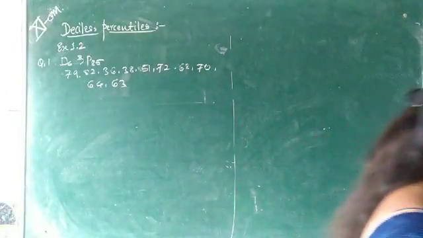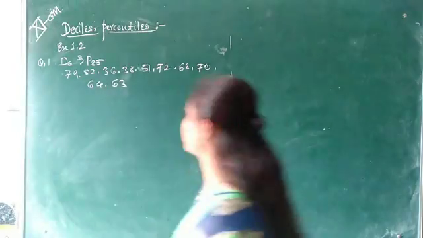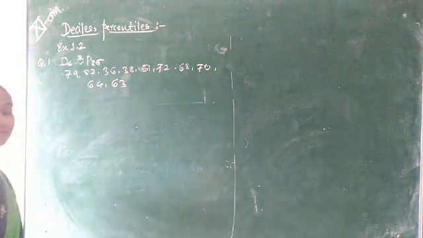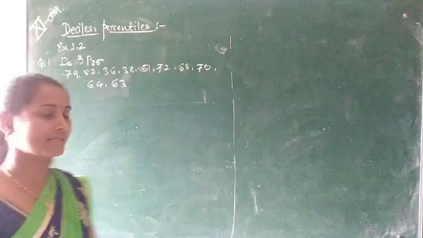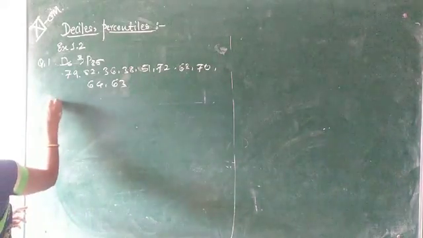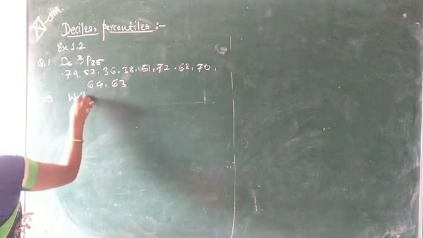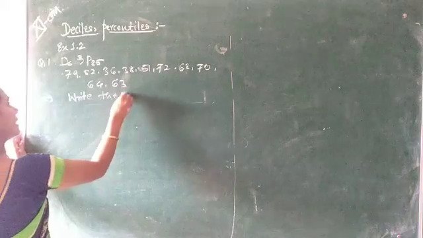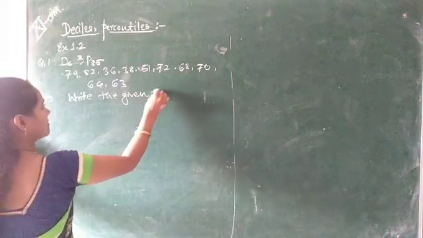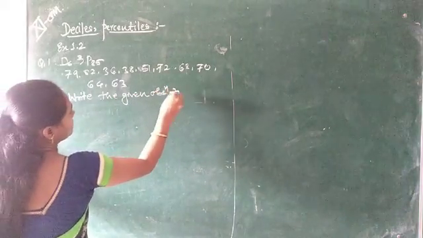So first, before finding the deciles and percentiles, you must write our observations in ascending order. So, solution: the given observations in ascending order.